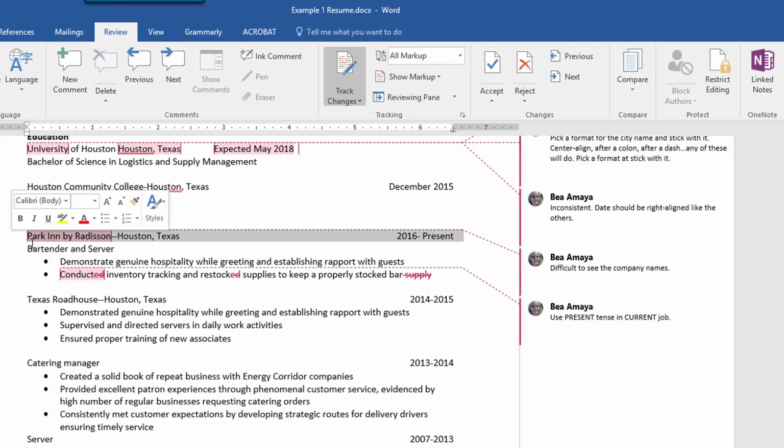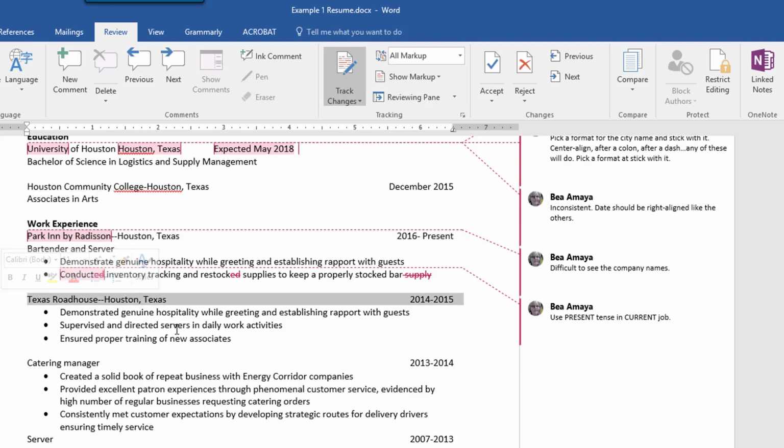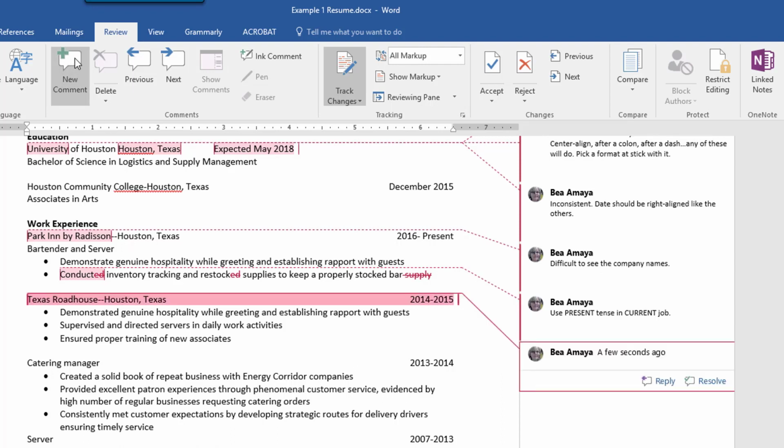Okay, in this one, he's got the company name and then his role. In this one, he's got the company name but no role. I'm a little confused by that, so I'm going to put a note about inconsistent again. Either list the job title in all or in none. Now, of course, I'm going to advise that you list it in all situations, but I just want him to realize that he did it up here, but he didn't down here.